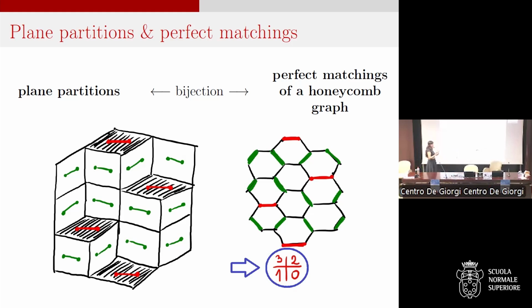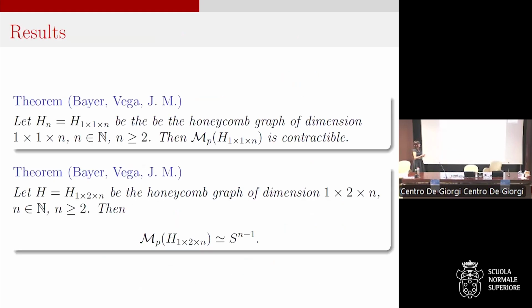And now we could prove things, finally, by looking at this completely different structure. We proved that, for example, in a really simple case, 1 times 1 times 1 times n, we have a contractible perfect matching complex. Then for 1 times 2 times n, we have a sphere.